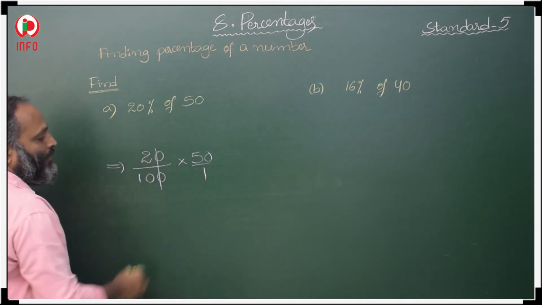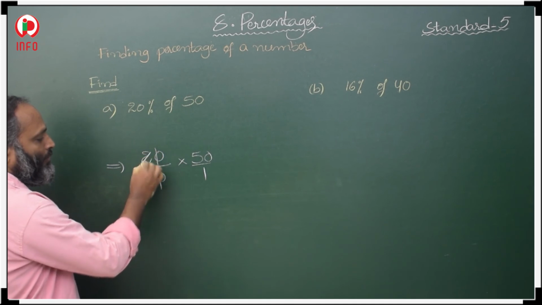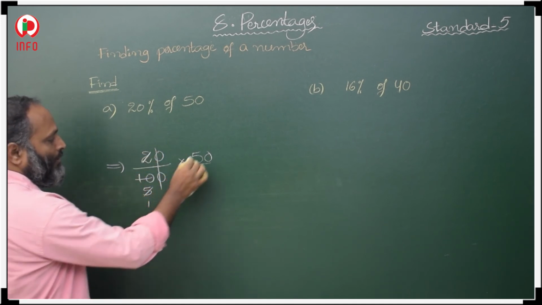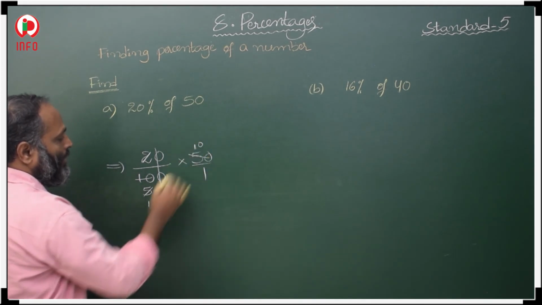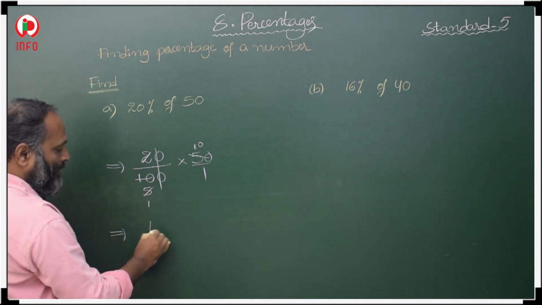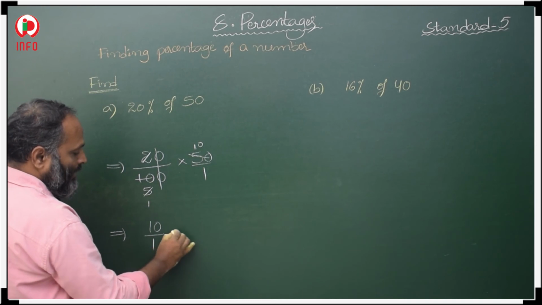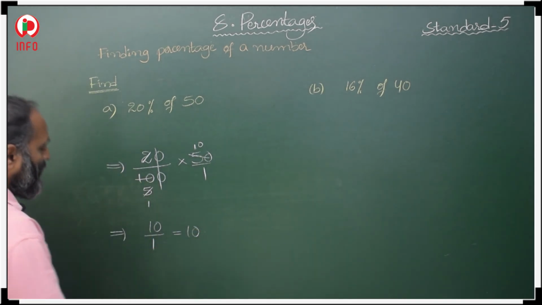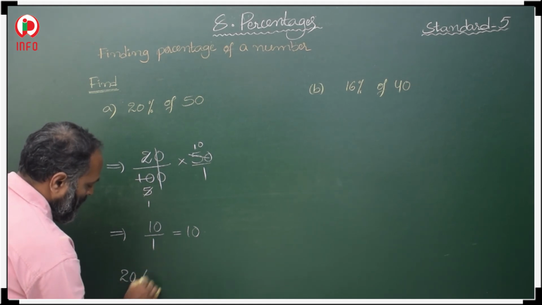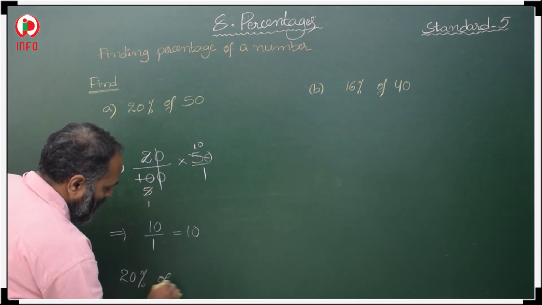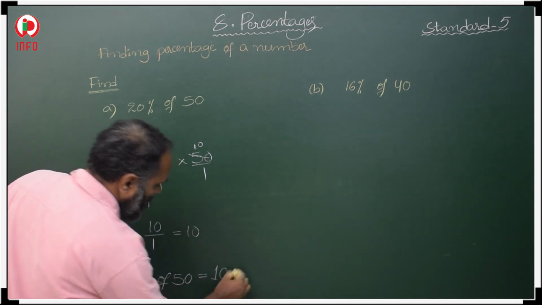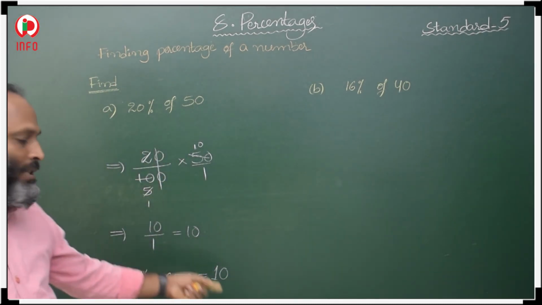Here the 0 and 0 get cancelled. 2 ones are 2, 5 2s are 10. Then what is there in the numerator? 10. 10 by 1 is 10. So 20% of 50 is 10. In 50, 20% is 10.